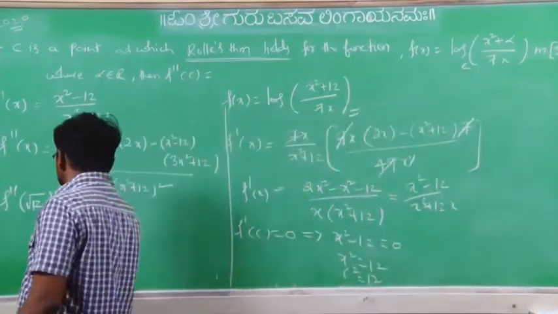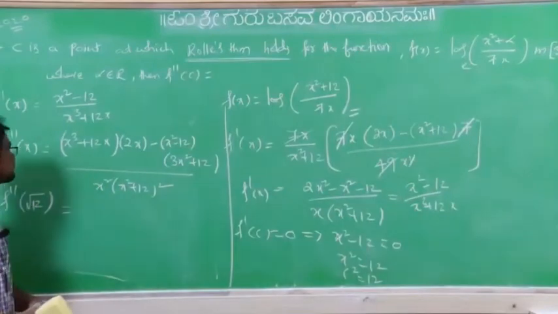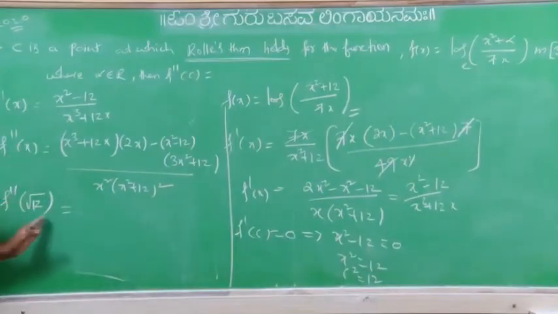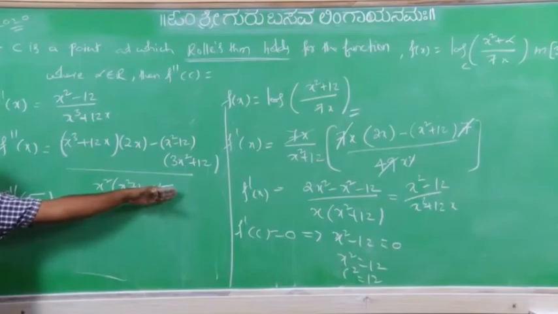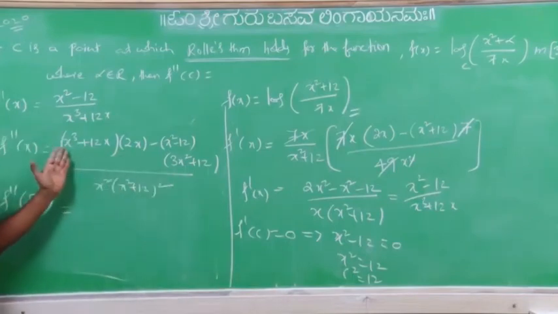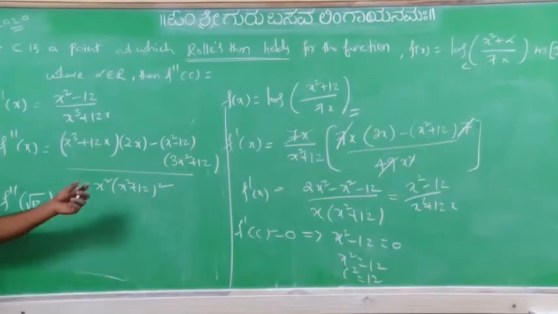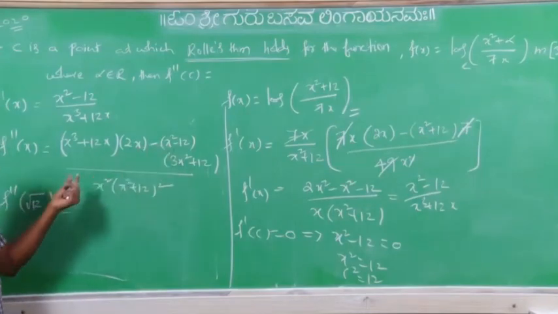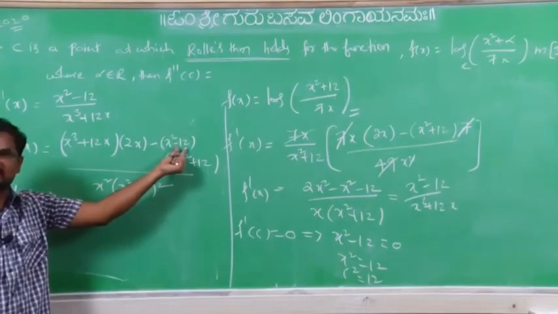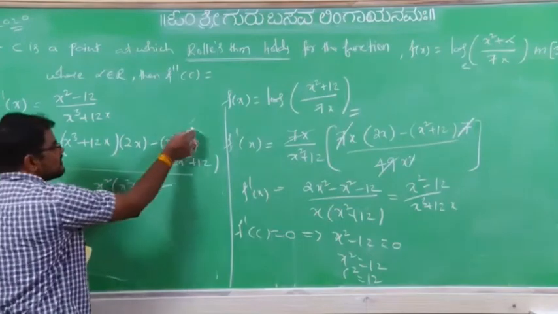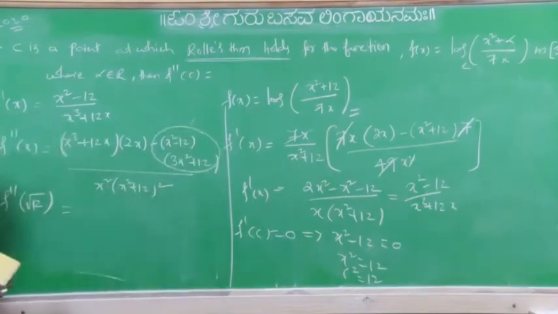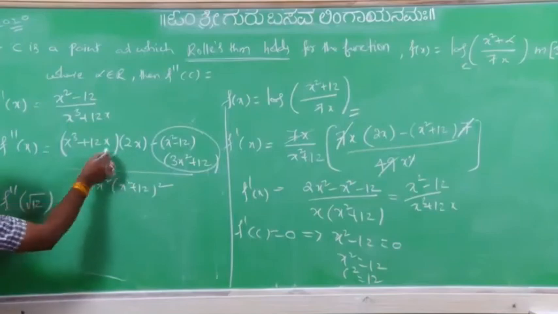Substitute root 12 in place of x, nothing but c only here. So no need to replace x by c again. Now here c square equals 12, root 12 square, 12 minus 12. So this total value is what? 0.